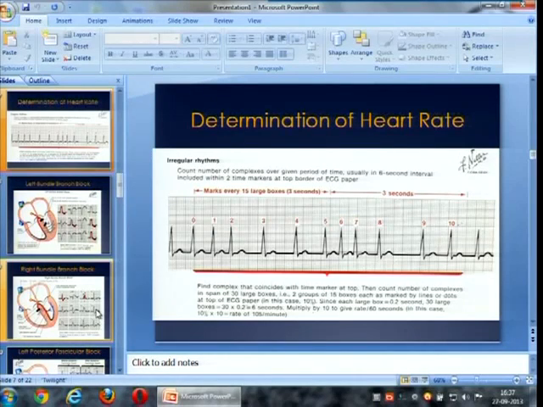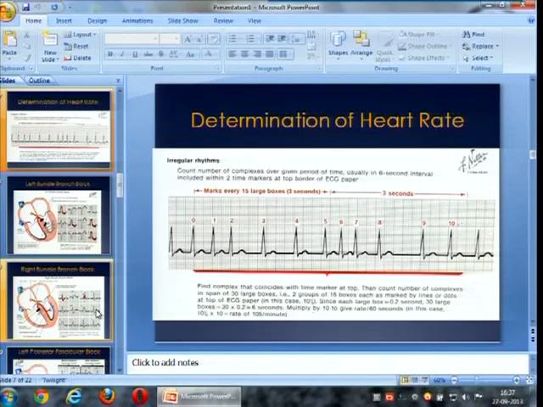Yeah, most ECG papers will have this marker, and every 15 boxes you will get that. So, every 15 boxes will be 3 seconds. You take another 15 boxes, 3 plus 3 will give you 6 seconds worth of time. So, you see the number of complexes that you get over a period of 30 boxes.